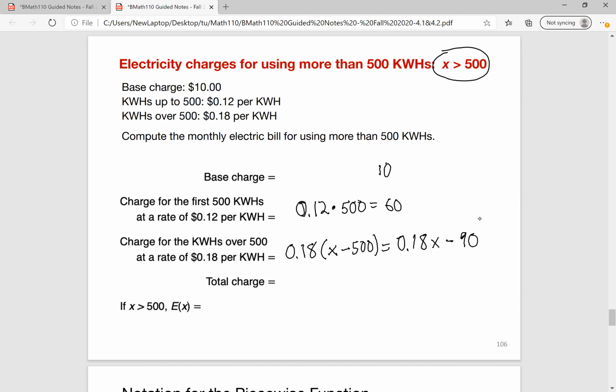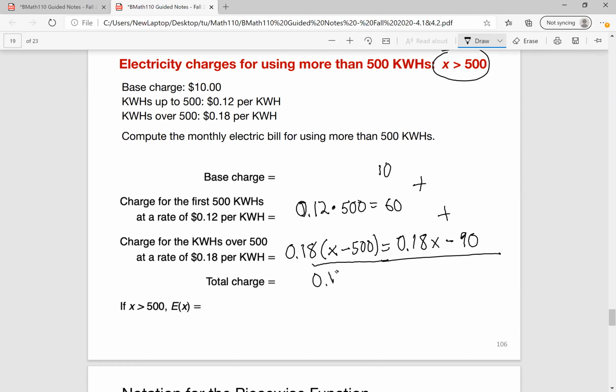Okay. So for the total charge, you're gonna add all of them up. Let me write it as 0.18x minus 90 plus 60 plus 10.